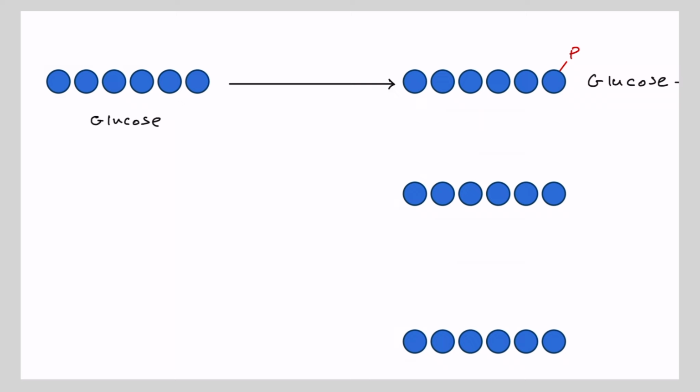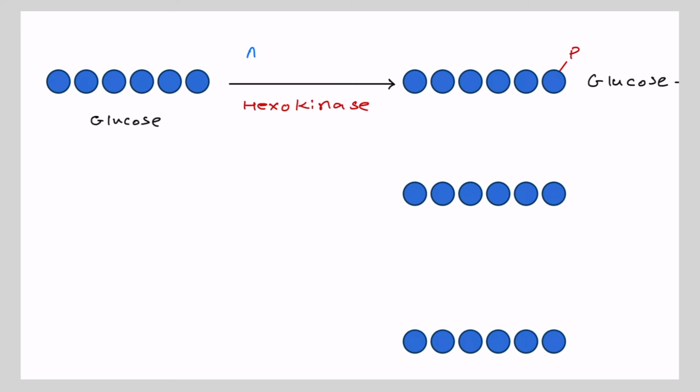Now this reaction is going to happen by the enzyme that we call hexokinase. So the enzyme is called hexokinase. Now what does kinase mean? Kinase means enzyme that is adding a phosphate group using ATP. It's not always like that, but that's the case most of the time. So what's happening here?